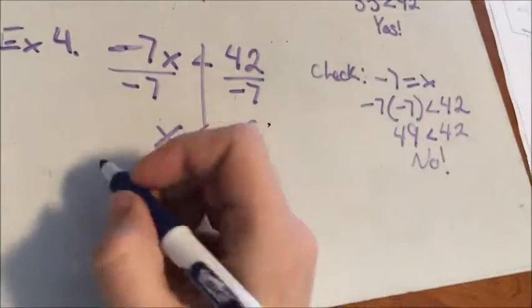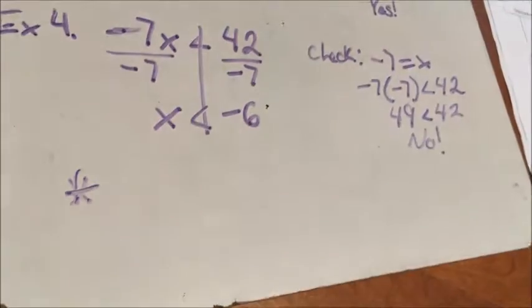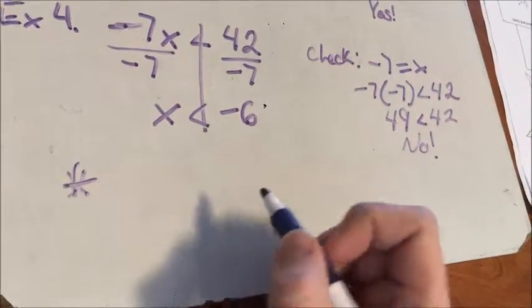So there's a little rule you have to remember when multiplying or dividing by negatives. And I want you to make sure you write this down, star it, color code it in your notes so you realize it's important.